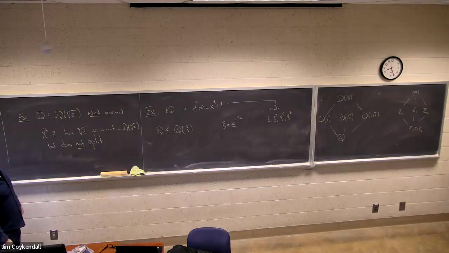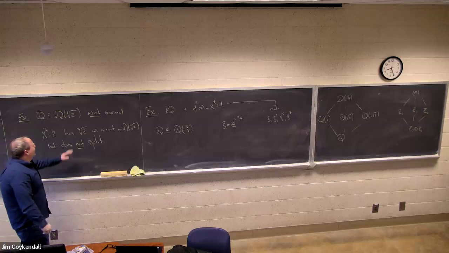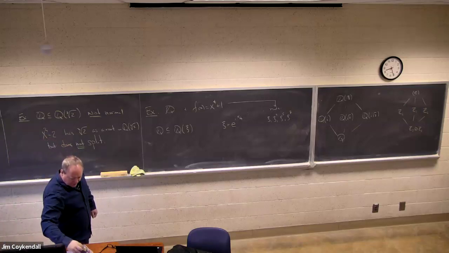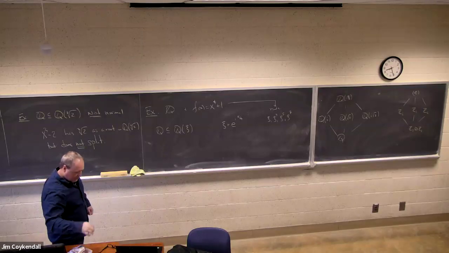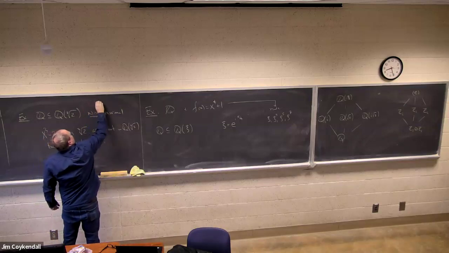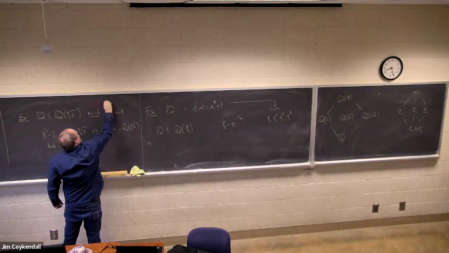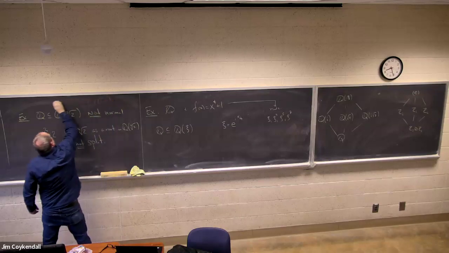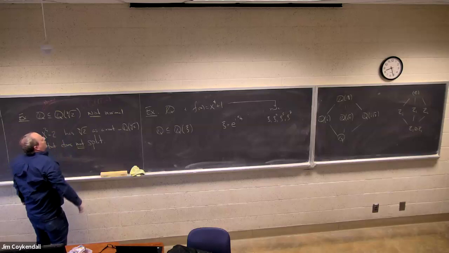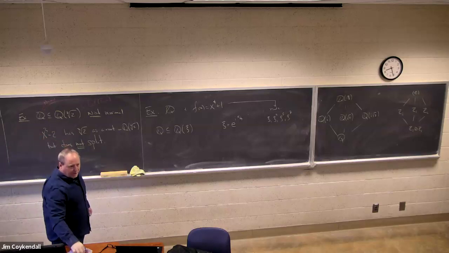But notice, we can sort of make it normal in the following sense. This isn't good enough to be normal, but you can expand this field to a slightly larger field, say this one. This one is normal over Q, as it turns out.